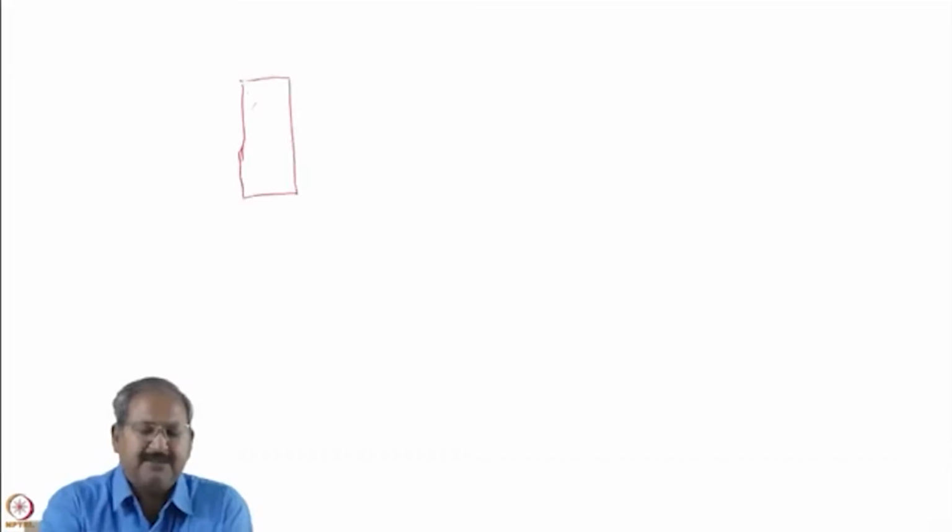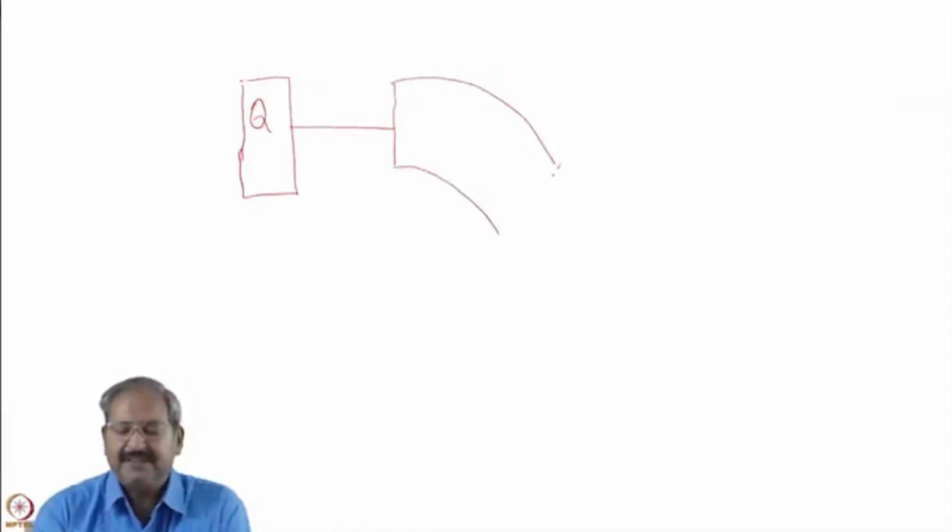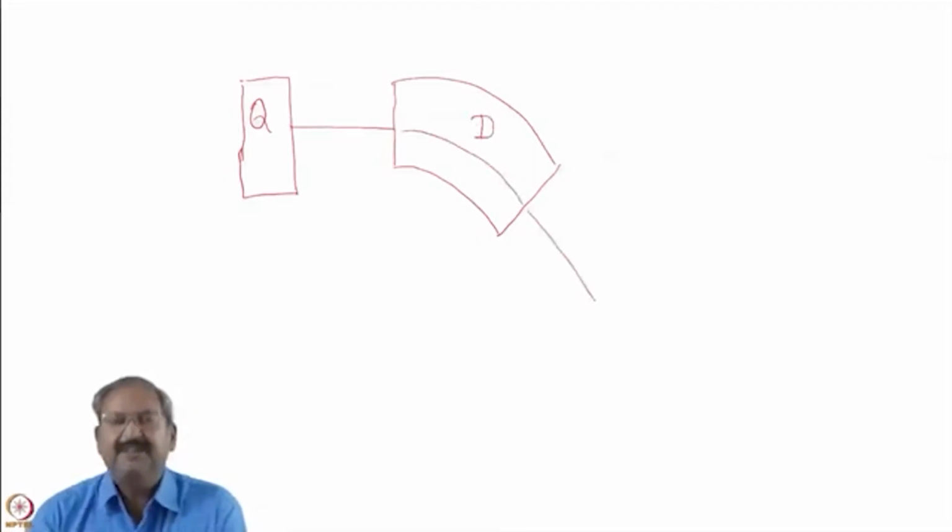Suppose this is a quadrupole Q. Then some drift space, and then again there may be a dipole magnet which bends the trajectory in the desired way. So this is a dipole magnet, and then there may be again a drift space, means no magnetic element, then again a quadrupole, and like this.